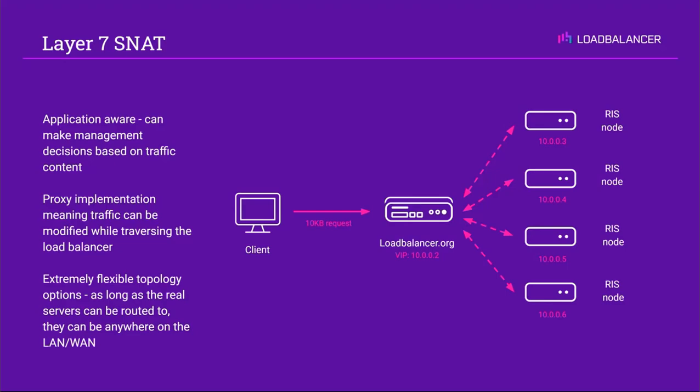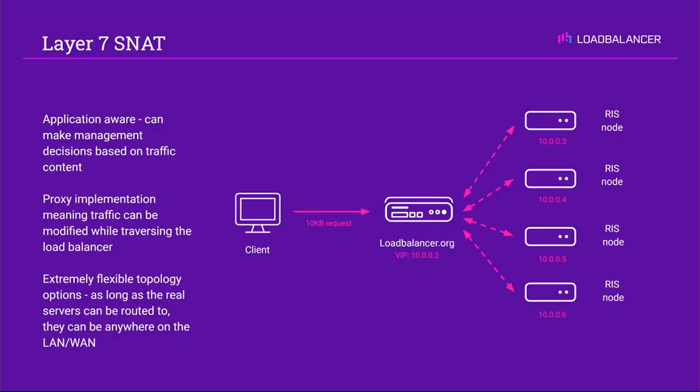If there are any ACLs or header modifications, the load balancer will also do that, send it to one of the RIS nodes, and then the RIS node replies to the load balancer, and then the load balancer sends it back to the client that initiated the original request. So as you can see, all the traffic is going through the load balancer in that case.